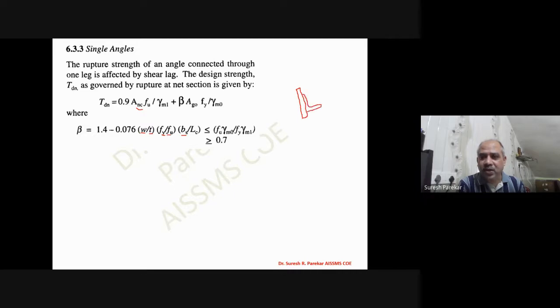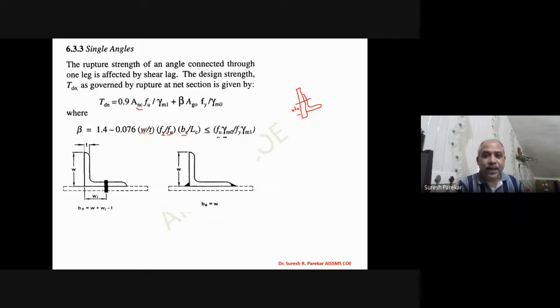If I draw this, and we have the connected leg, this distance we are going to say as wl, and this value generally ranges from 0.25 to 0.57. So these terms play a very important role.